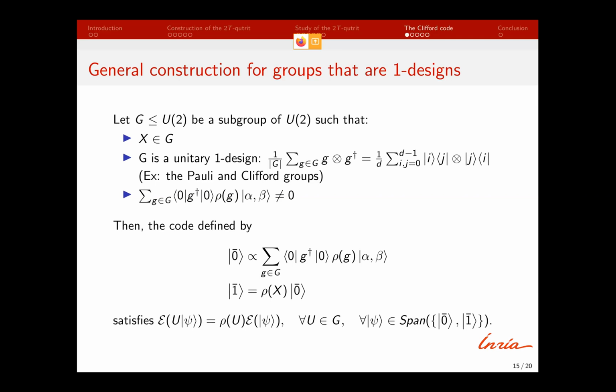And so that's the formula that we get for a code that satisfies that the gates within the group G can be implemented as Gaussian unitaries. Since X has been taken to be part of the group, you then just obtain the logical one by swapping the two modes.